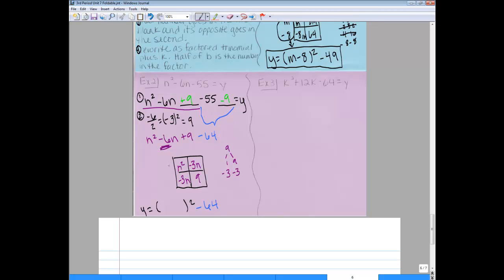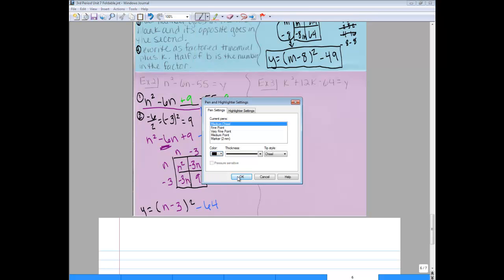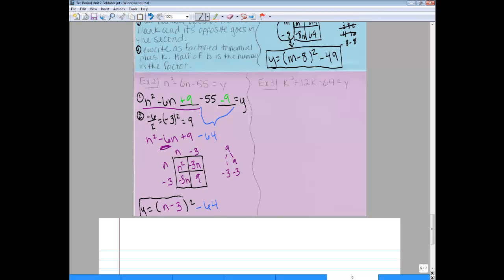Factors of n squared are n and n. What times n gives me -3n? -3. What times n gives me -3n? -3. So that's what goes here, n minus 3. And now we're done with that problem. That's our final answer.